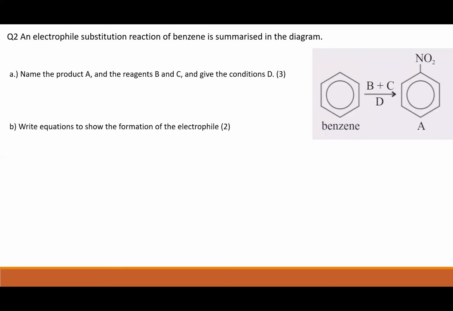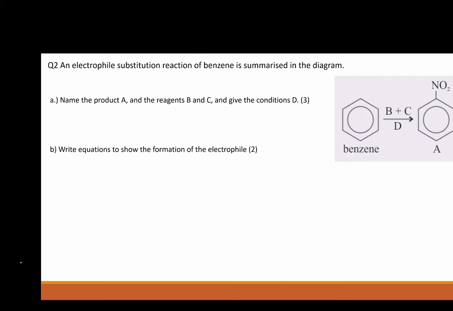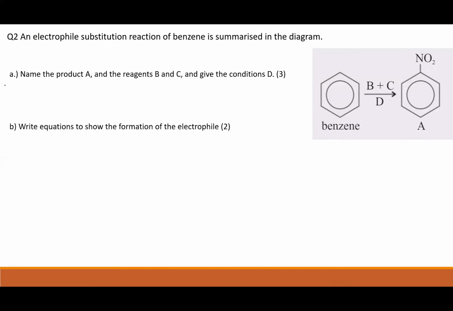We've got an aromatic compound, benzene, and we've added a nitro group to it. So A is nitrobenzene.